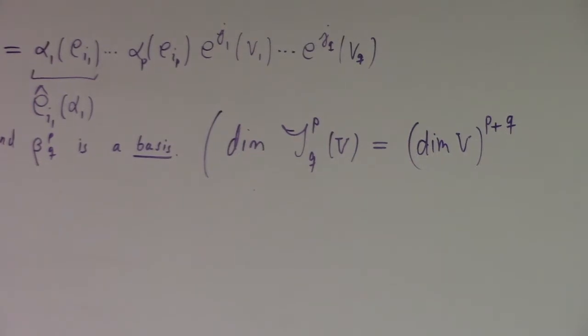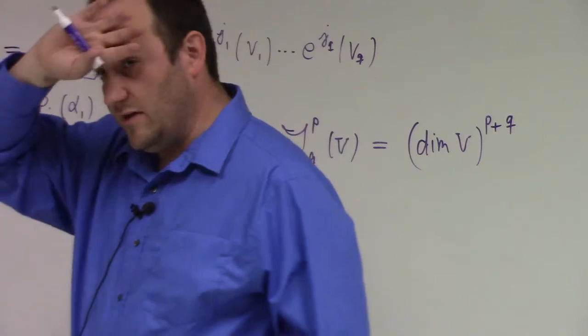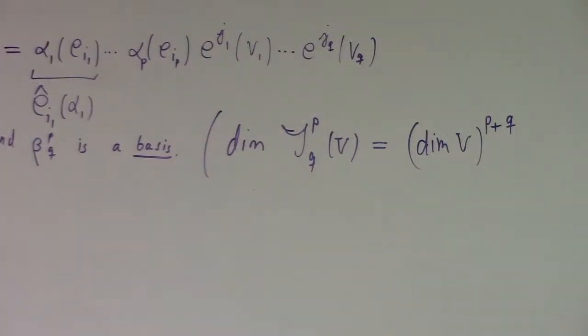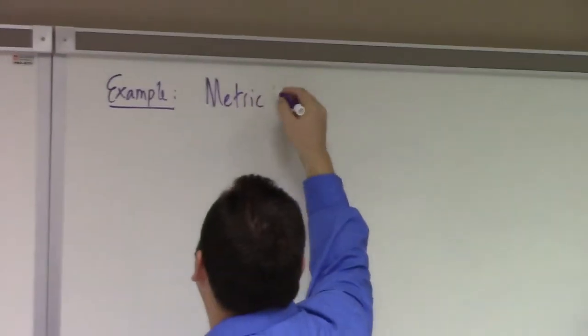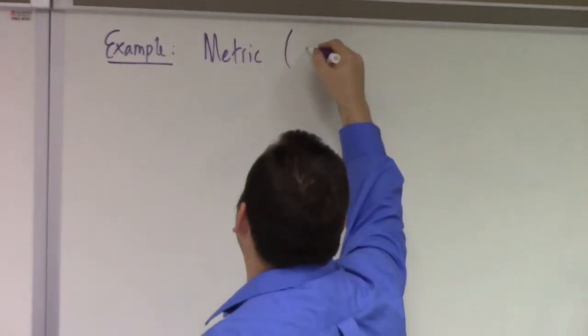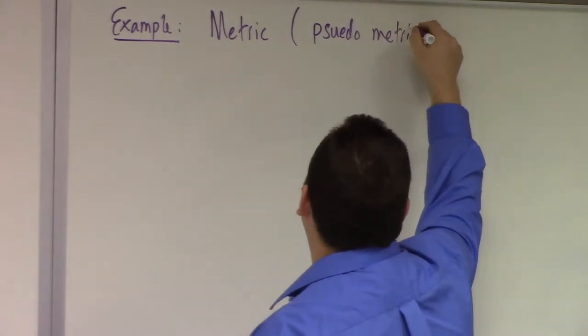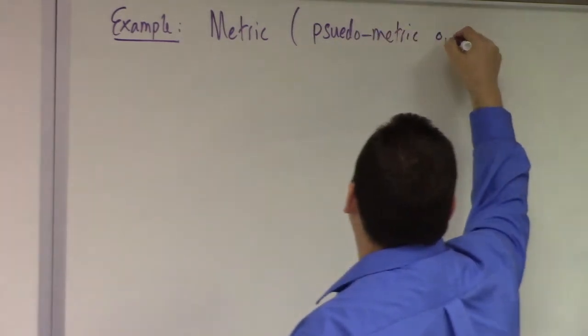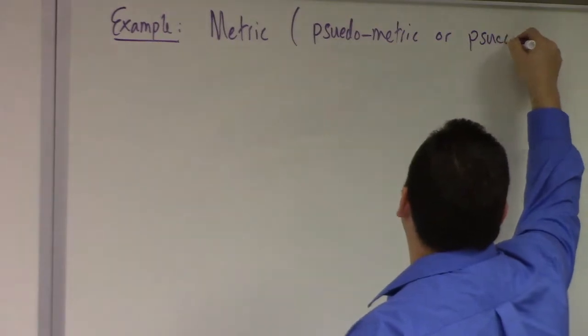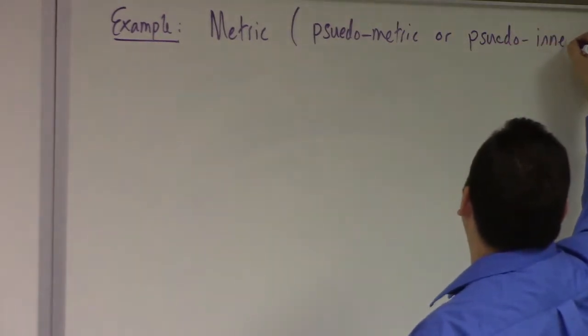A very special kind of type 0,2 tensor I should talk to you about is called a metric. Well, perhaps pseudo-metric, or pseudo-inner product maybe would be better. I don't know.